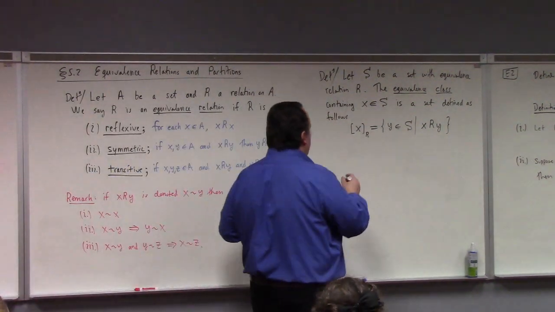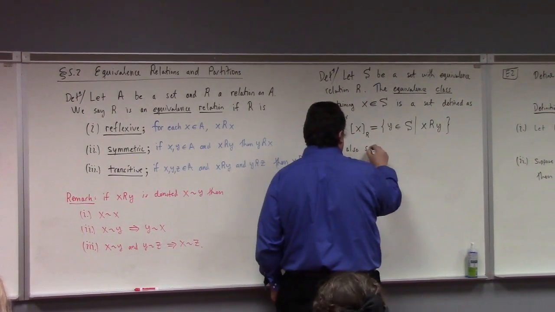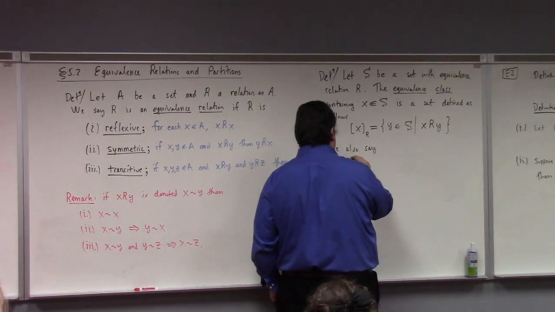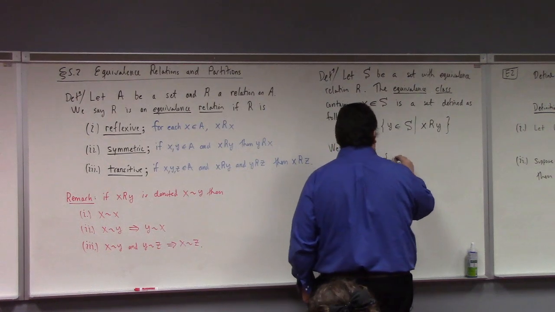And so we also say that S mod R is the set of equivalence classes.